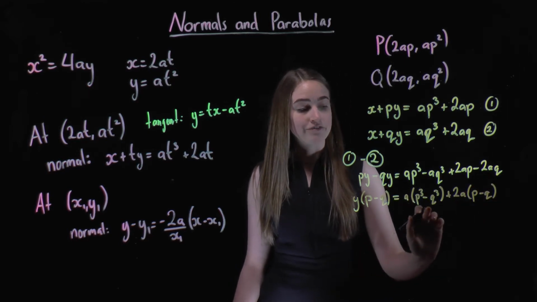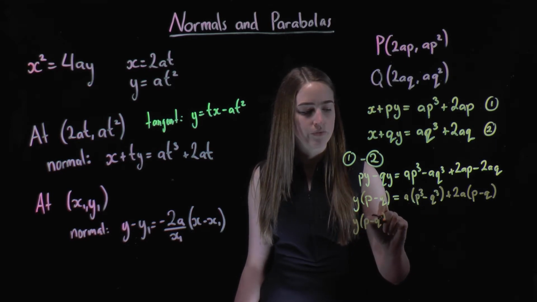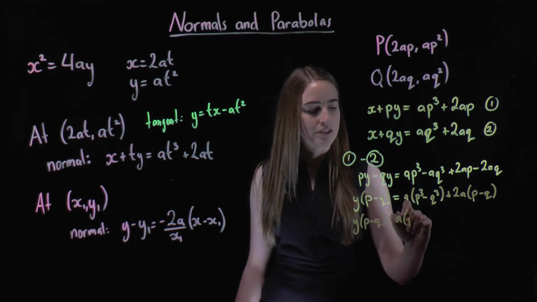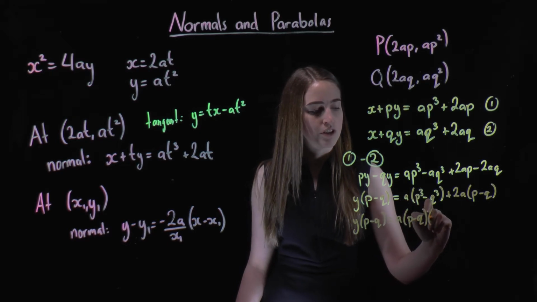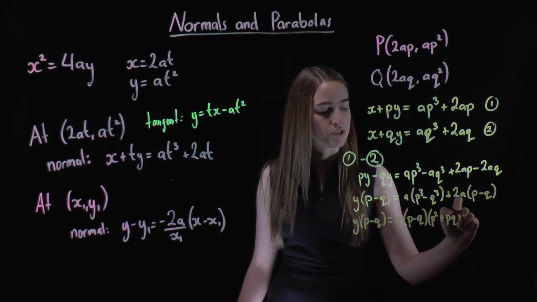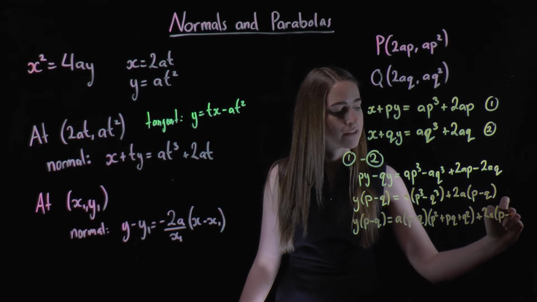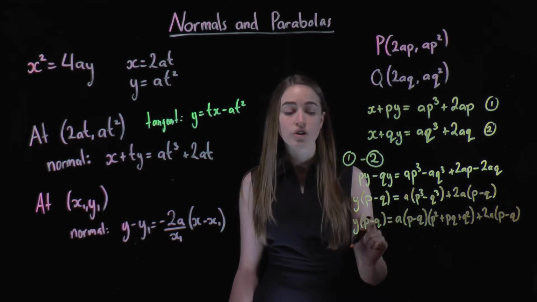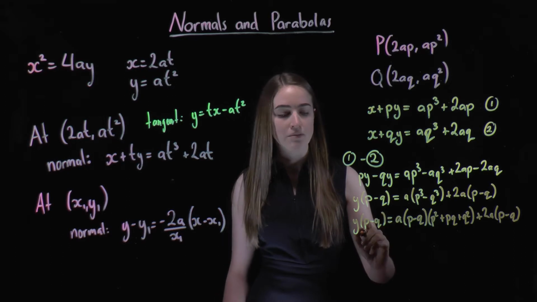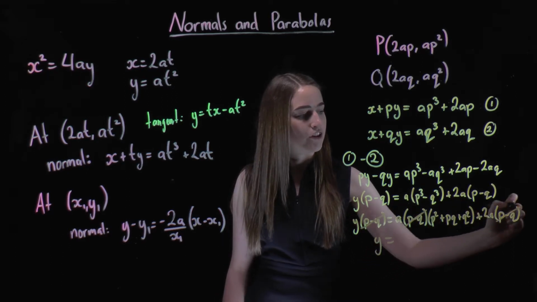Now if I factorize out this bit, I'm going to have y outside of p minus q. That's going to equal a times p minus q, p squared plus pq plus q squared, plus 2a outside of p minus q. Now to get y on its own, I'm going to divide everything by p minus q, which is going to divide through there, and over here.